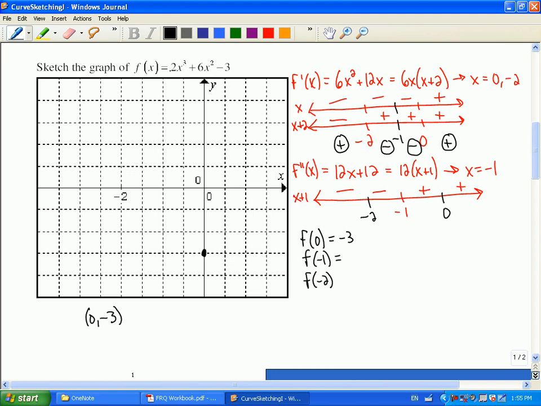And then if I stick in -1, I'm going to have 2 times -1 cubed plus 6 times -1 squared minus 3. So it'll be -2 plus 6 minus 3. So that should be +1, I hope. So I've got another point here at -1, 1.